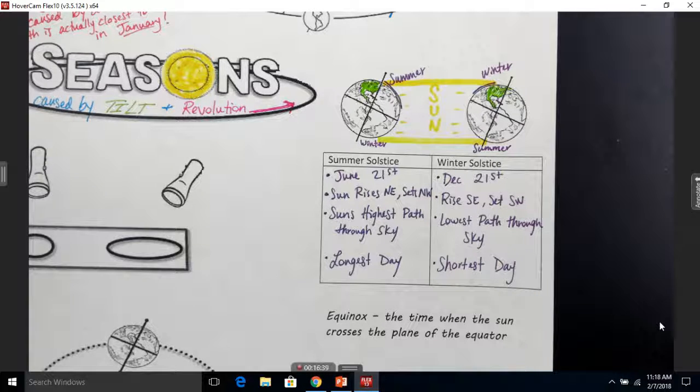Okay. The winter sun rises in the southeast and sets in the southwest. So look at this compared to this. Does that make sense?